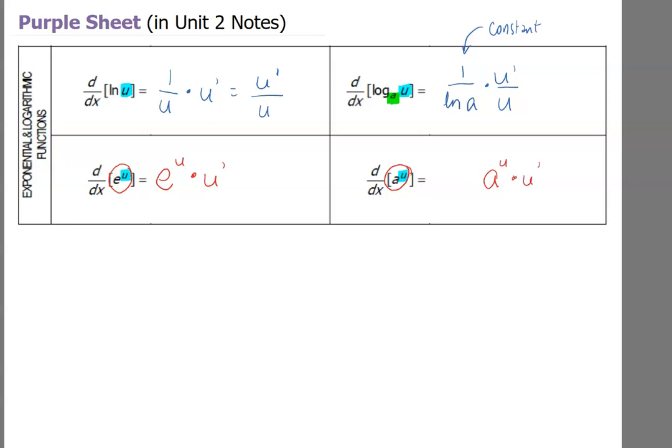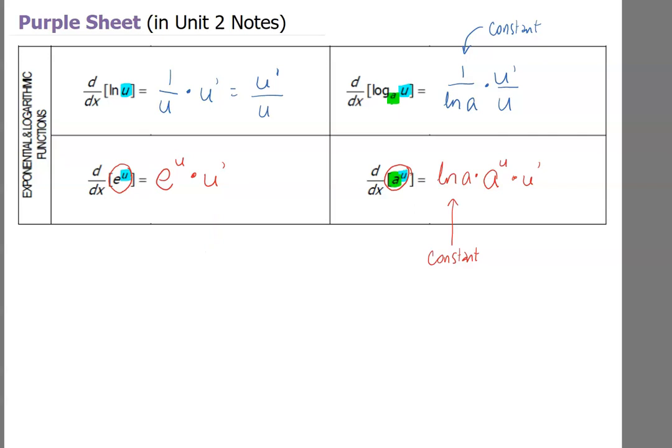You wouldn't have to also do the chain rule. We're literally doing the chain rule here. And if the base is e, then you're done. If the base is something else, no problem. Multiply by this constant, for example, natural log of 2, if it was 2 to the u, and you're finished.